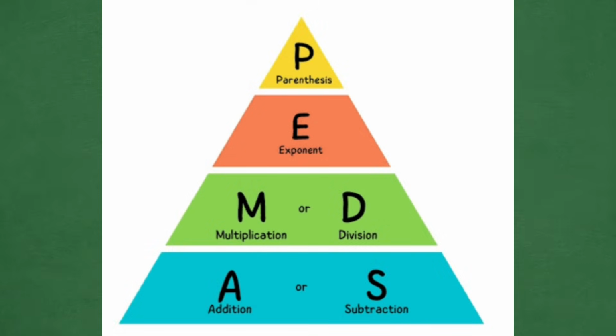So here is what the priority looks like as a pyramid. As you can see here, on top of the pyramid, the first priority, the one we should solve first, is parentheses, right? And the second priority is exponents, just below parentheses, meaning after we solve all the parentheses, we have to solve exponents.